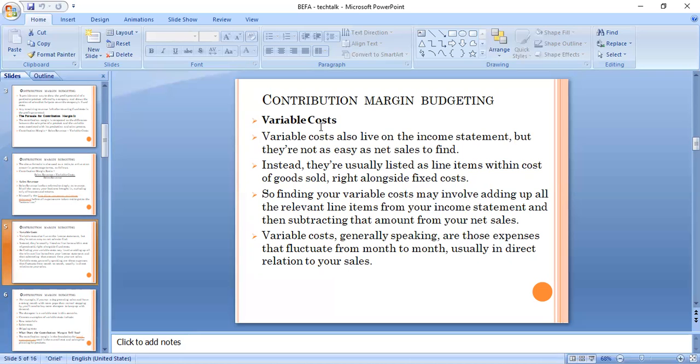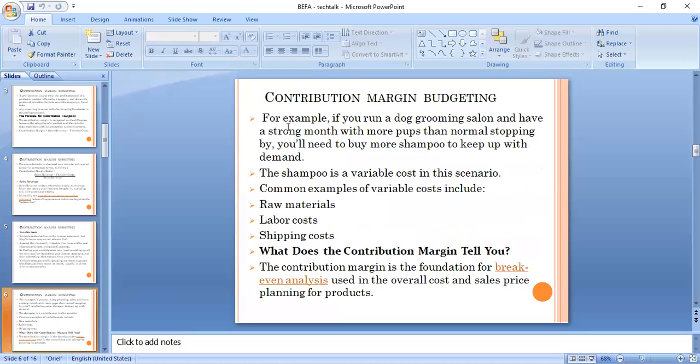Variable costs, generally speaking, are those expenses that fluctuate from month to month, usually in direct relation to your sales. For example, if you run a dog grooming salon and have a strong month with more pups, and then a normal month, you will need to buy more shampoo to keep up with demand. The shampoo is a variable cost in this scenario. Common examples of variable cost include raw materials, labor costs, and shipping costs.